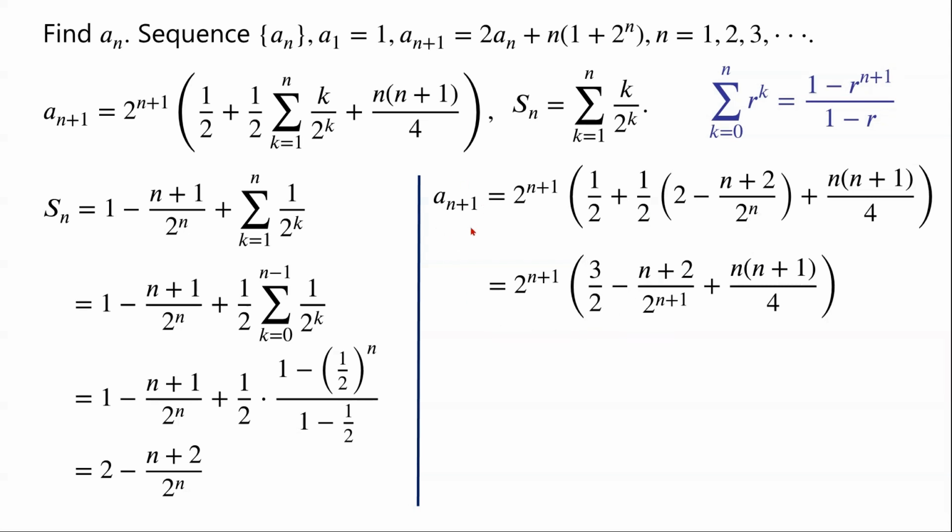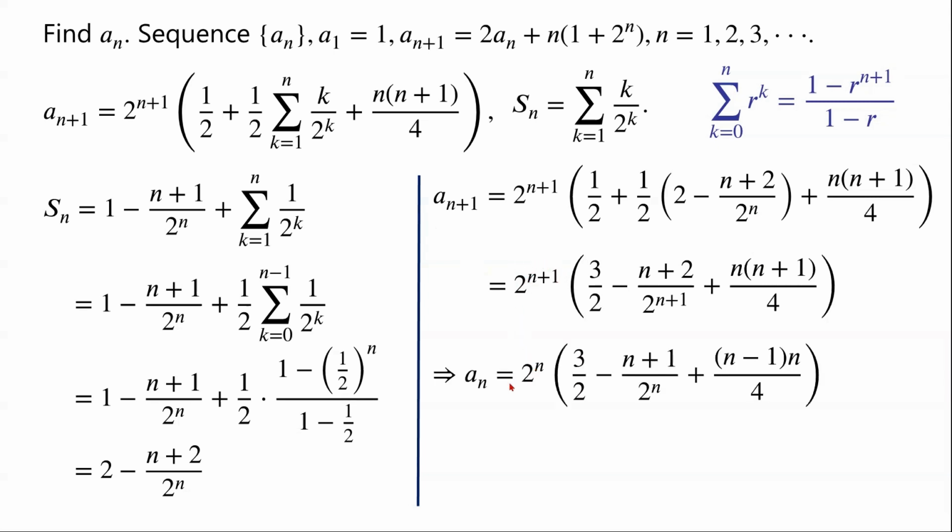To obtain an, we just write n instead of n plus 1.